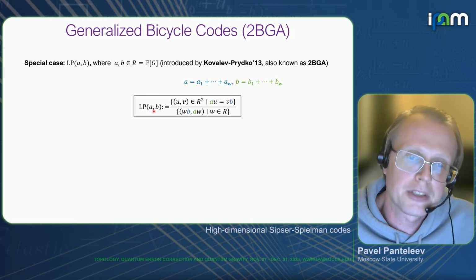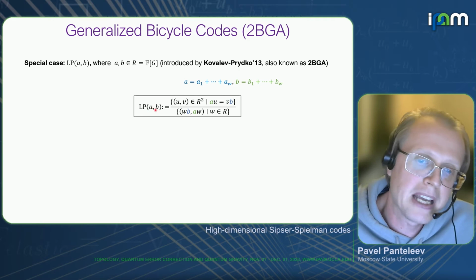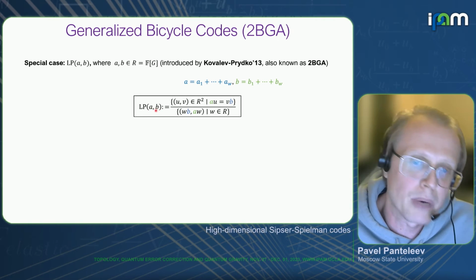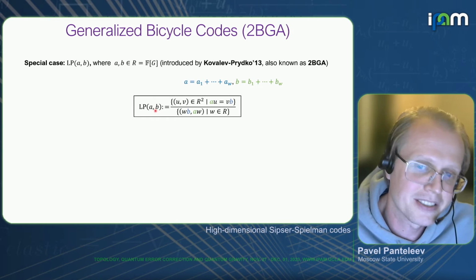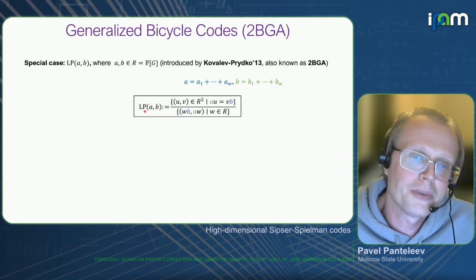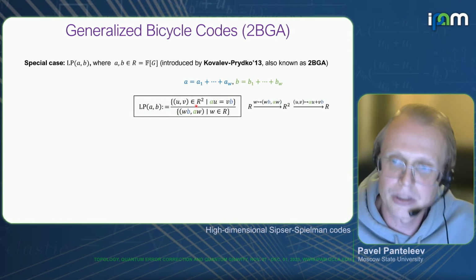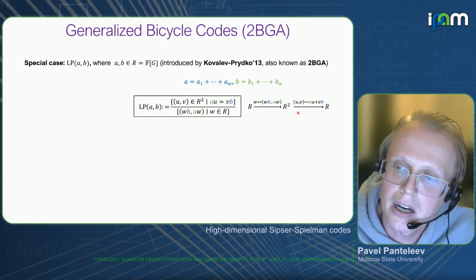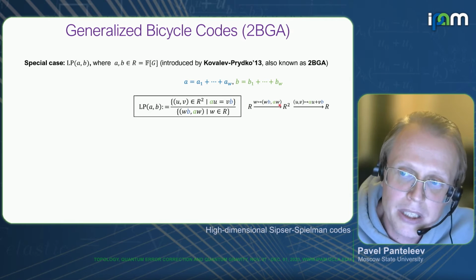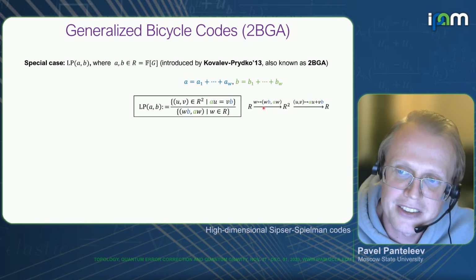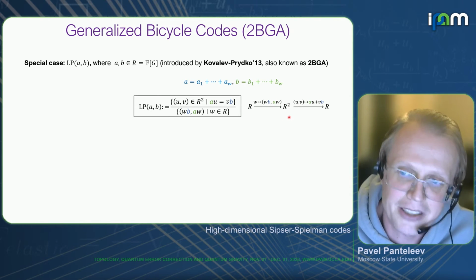Basically, it's just a lifted product code, but instead of matrices, we just use one-by-one matrices, just elements. In this case, if we apply this previous equation, we obtain the following code with the following chain complex. And we can easily check that this chain complex is the correct chain complex.